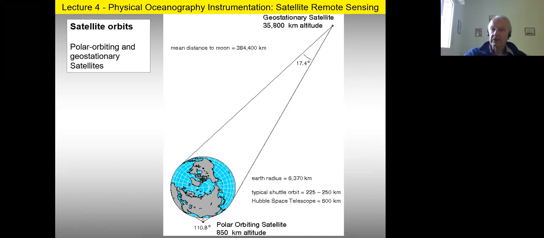Then we have polar orbiting satellites, which are only 850 kilometers above the sea surface, and they are going around the Earth, while the geostationary one is relatively steady with respect to the Earth.